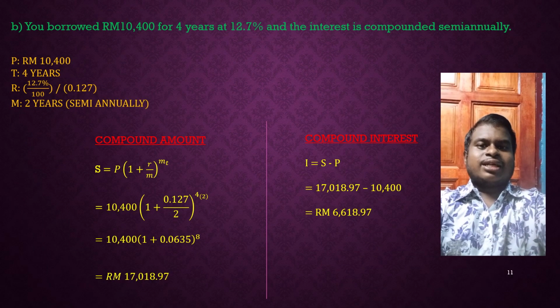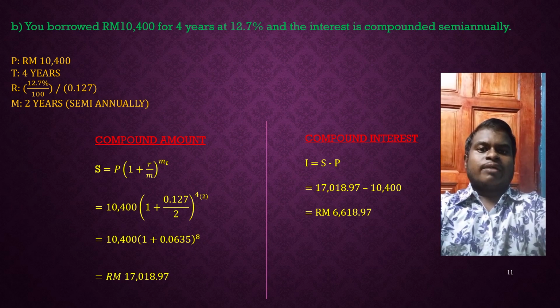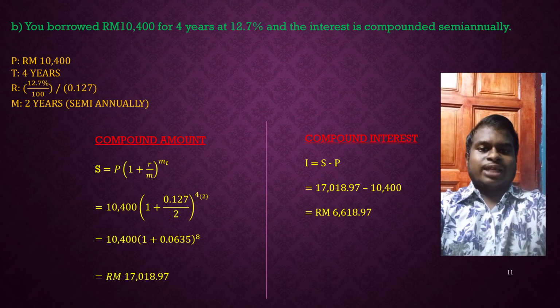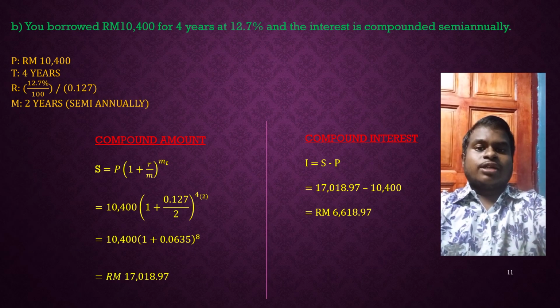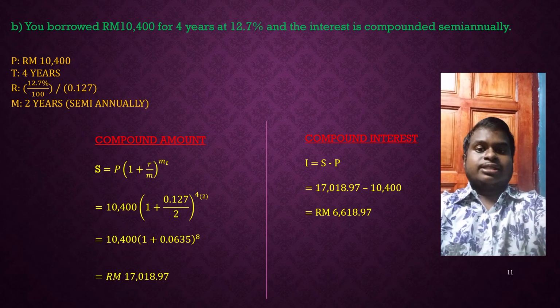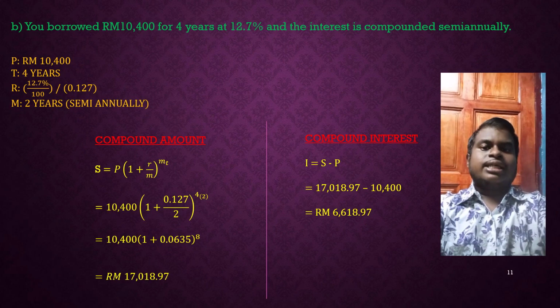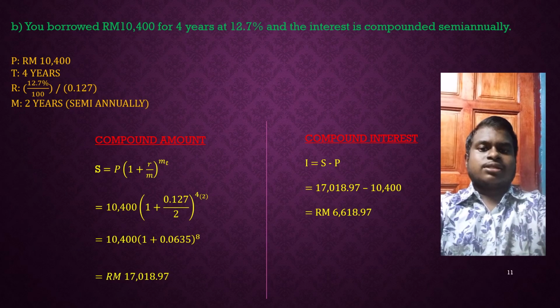Then we are going to calculate the compound amount and compound interest for a loan of RM 10,400 over 4 years at 12.7% compounded semi-annually. Here, what we know is principal equals RM 10,400, time 4 years, rate 12.7% per annum compounded semi-annually. This means the interest is compounded every 6 months.